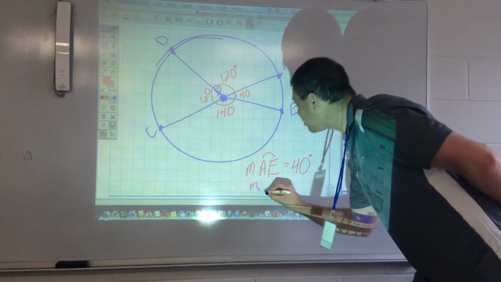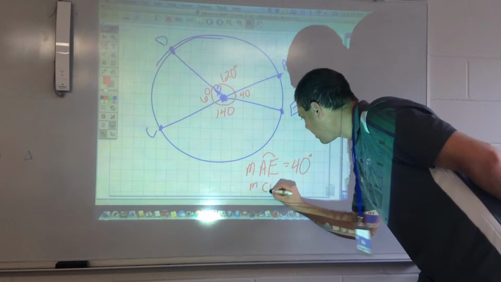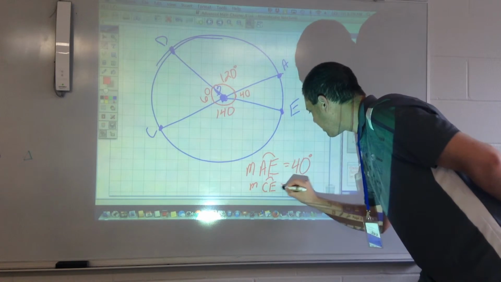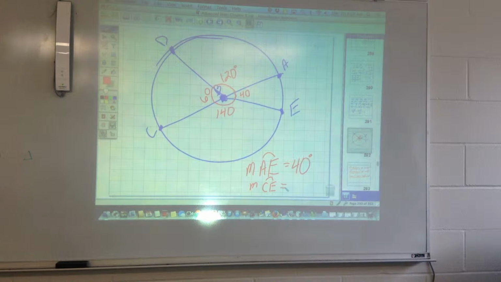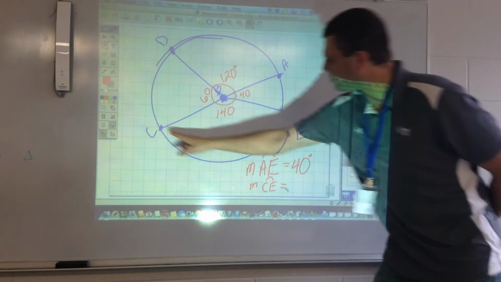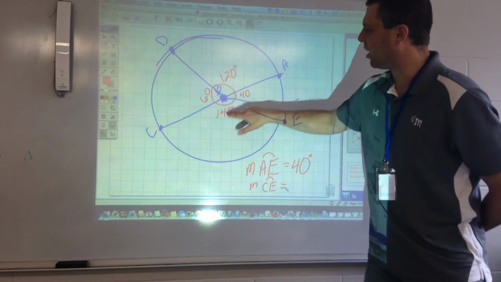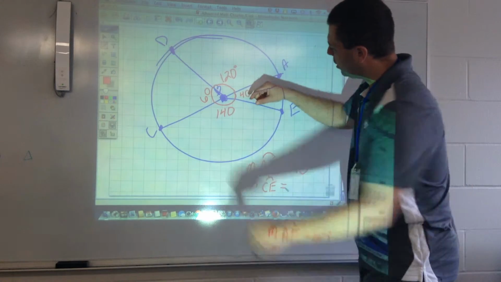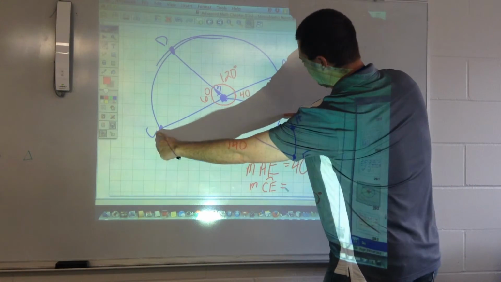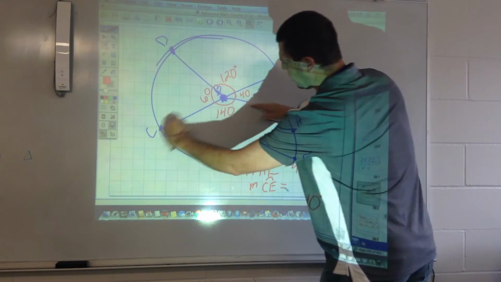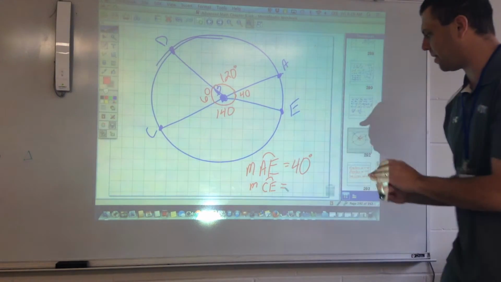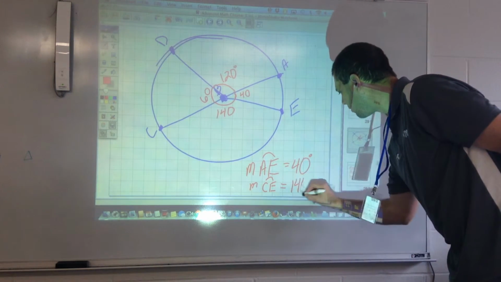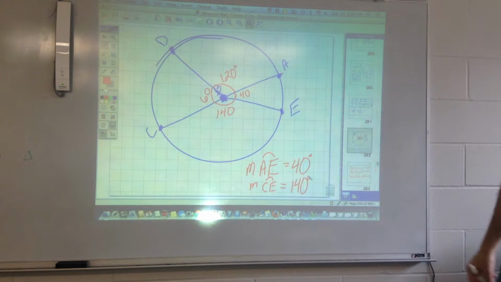How about the measure of the arc CE? What do you guys think? The measure of arc CE? 140 degrees. Yep. From C to E, that's 140 degrees because the central angle is 140 and it intercepts the arc CE, so the measure of the arc CE is also 140 degrees.